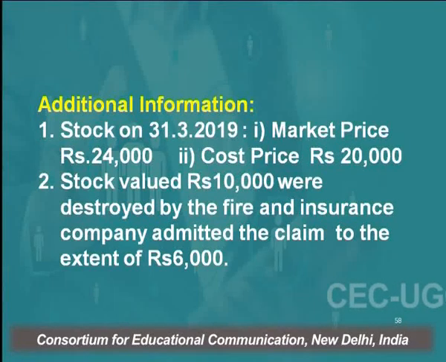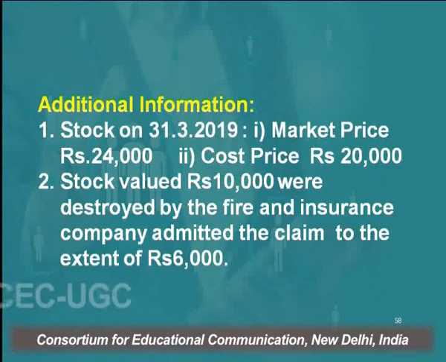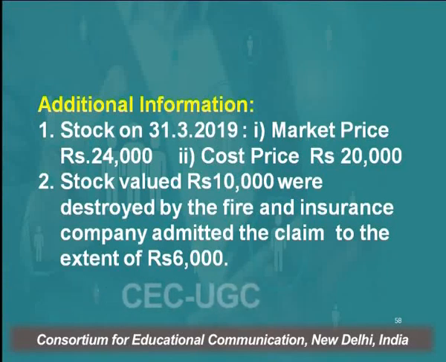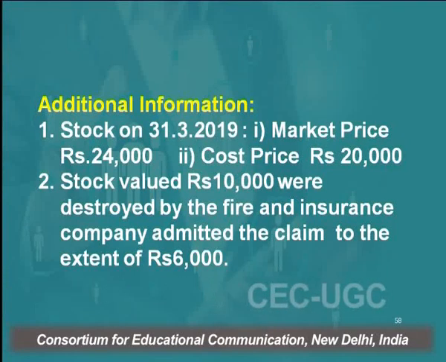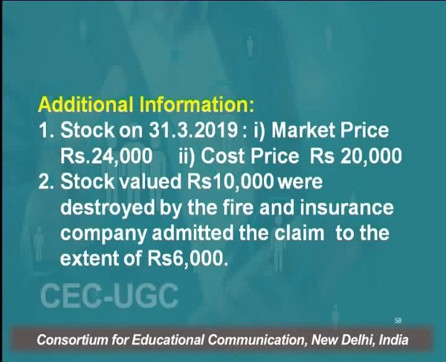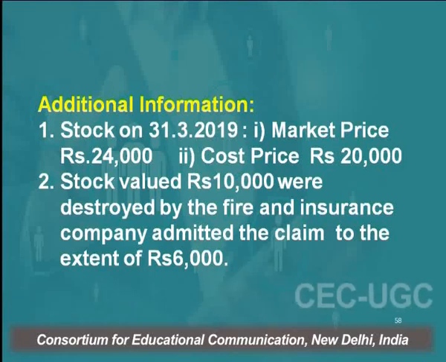In additional information, closing stock is given. Two prices are given: market price and cost price. As I have already explained, if two prices of stock are given, we consider cost price or market price, whichever is less, according to the convention of conservatism.